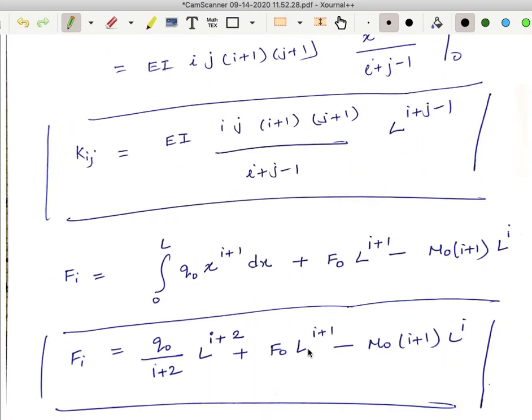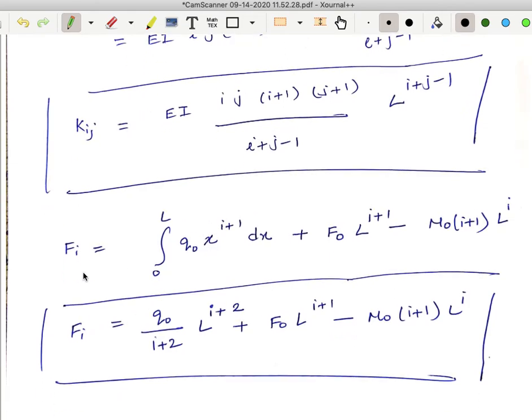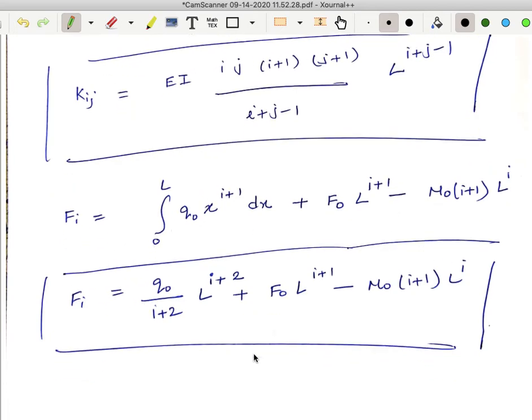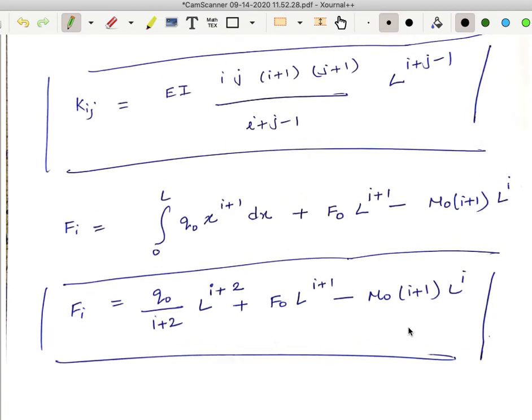And what is fi? Fi is L of phi i, L of x to the power i plus 1. If you do that, then fi can be evaluated to be this. Now once you know the entries of the stiffness matrix and force vector, you can determine the cj for different values of n.